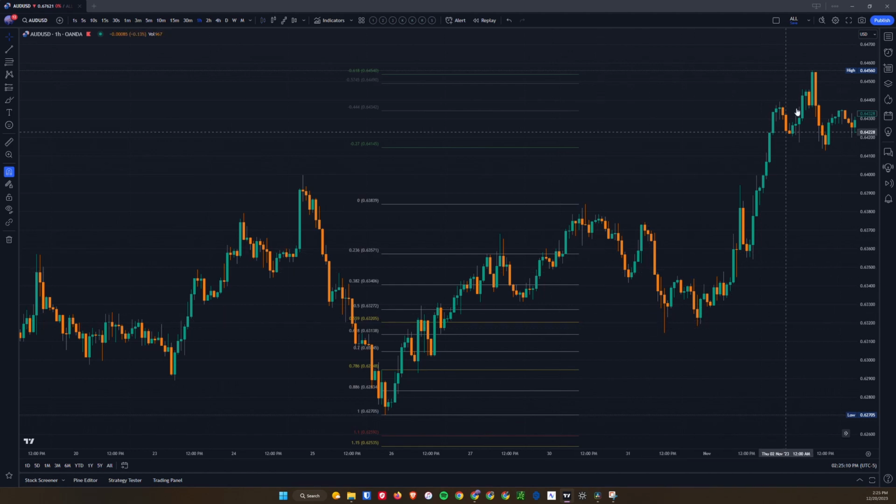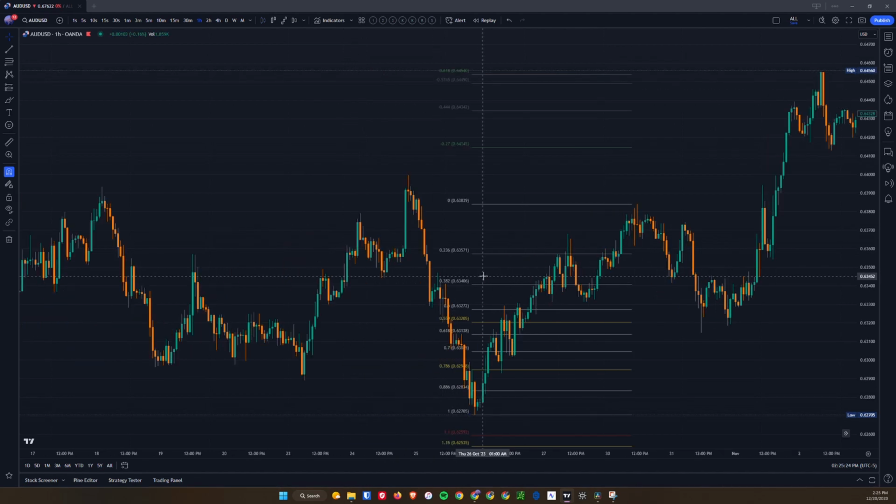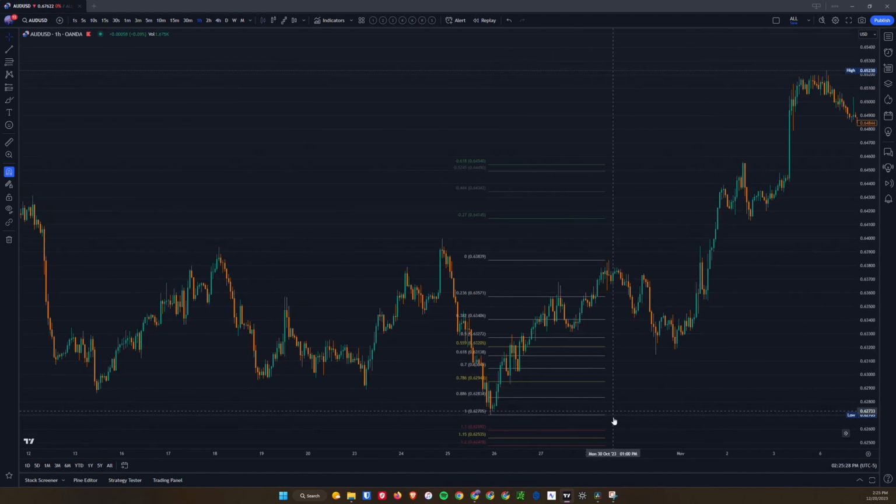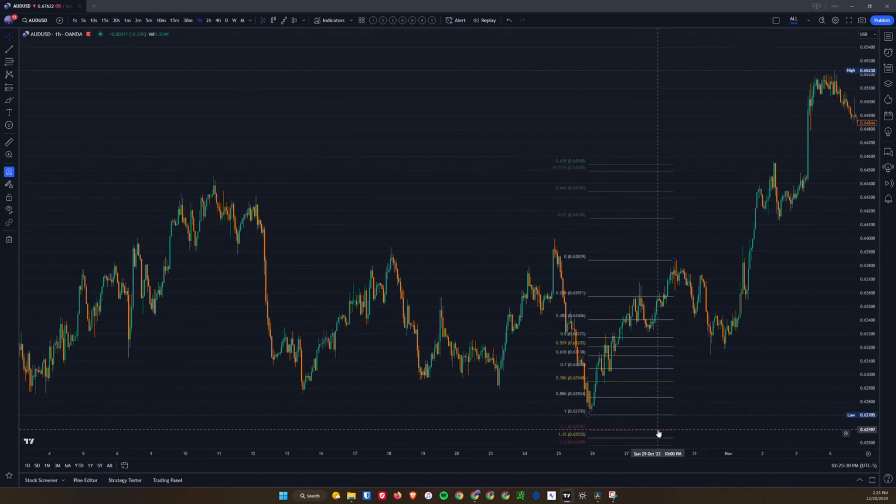clear retracement hits TPs. All right, so the most important levels in Fibonacci are the negative 0.27, negative 0.444, negative 0.618. For take profits, these are take profits. For stop losses, we use these three lines right here, red, yellow, red.